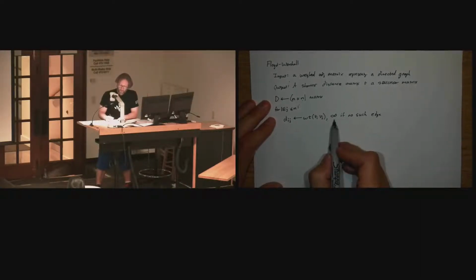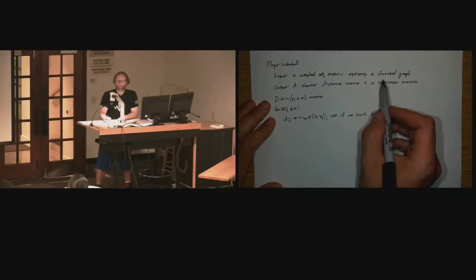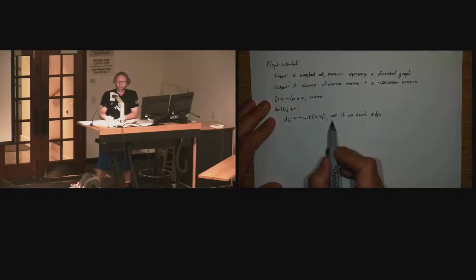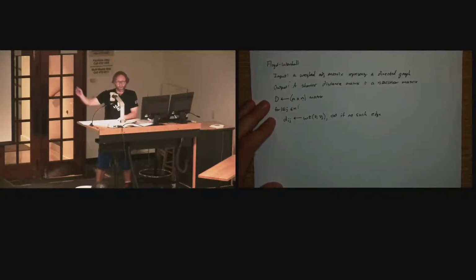And I guess you could say that the input is the adjacency matrix because usually it's 0 to indicate no edge. We're going to want to say that it's infinite because it's no longer going to represent an adjacency matrix. It's going to represent a connectivity matrix, that you can go from i to j at a cost of this thing, but not necessarily by one edge. It's by some path. Okay?